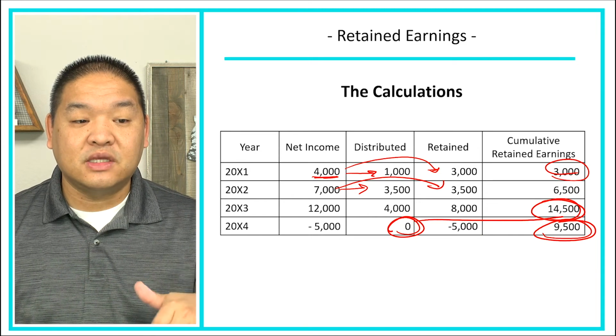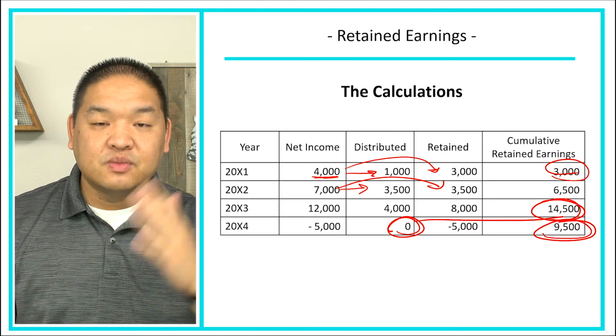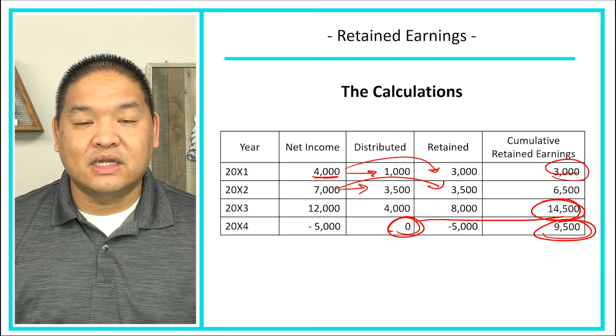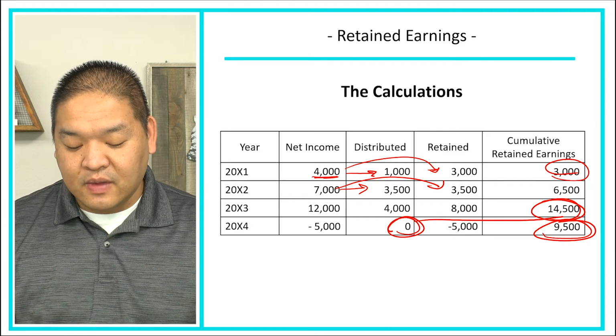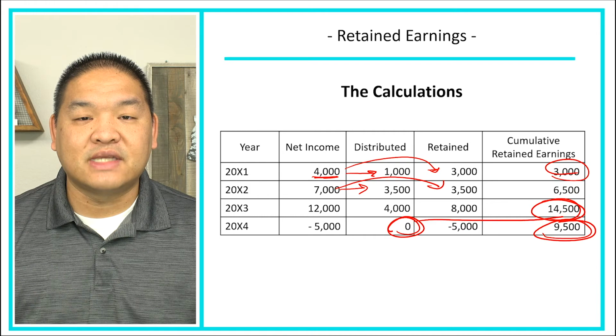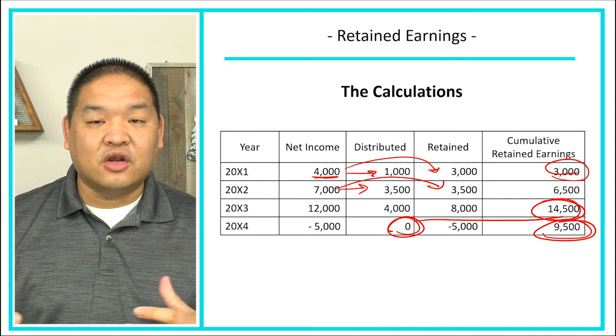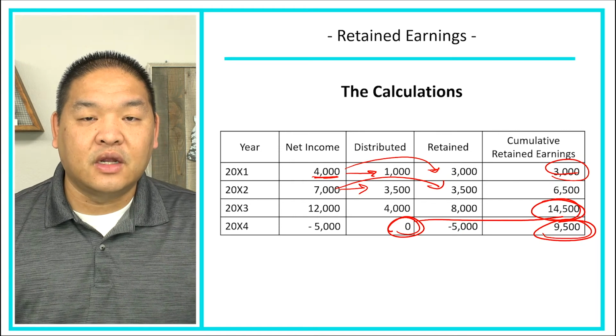So you basically took prior $14,500 earnings to help smooth out your loss in year four. So we subtracted from our cumulative retained earnings. So now our retained earnings is $9,500. So that's how the retained earnings balance is going to work from year to year.